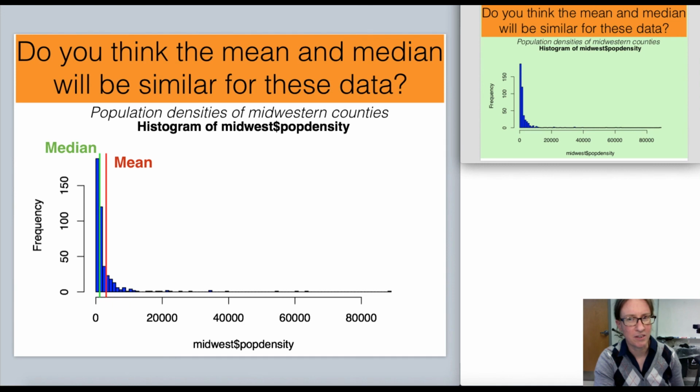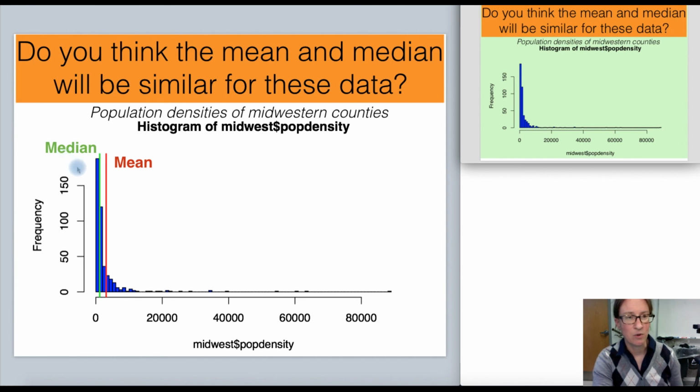Okay, so I'm going to jump back in here to interrupt myself for a second because I want to make an important point about what I was saying about the mean and median being different for these data. So if I'm trying to describe the data that are pictured here, and I use the mean as the center, so I'm reporting a higher number, you might draw a really different conclusion about what these data look like compared to if I tried to summarize these using the median as representative of the center of these data.